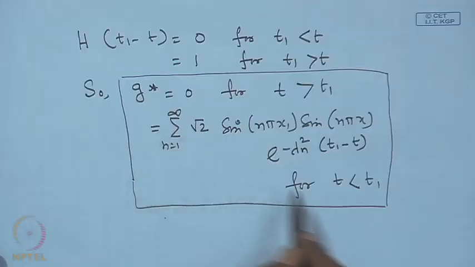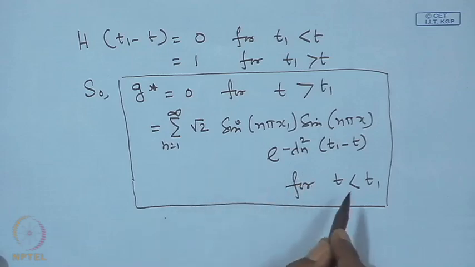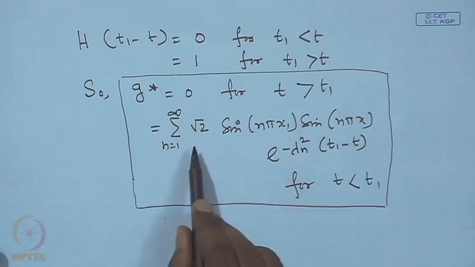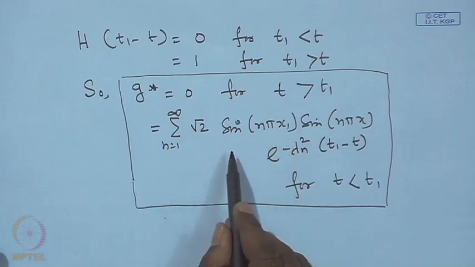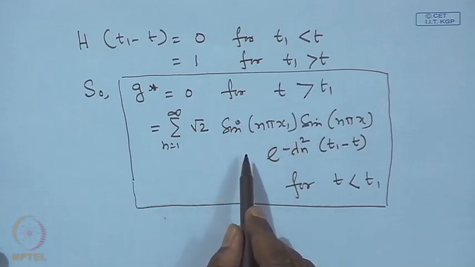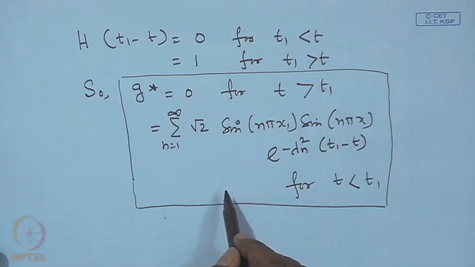Then by utilizing the property g is equal to g star, we changed the subscripts of the variables x and t and ultimately got an expression of g star. For t greater than t1, g star is equal to 0, and for t less than t1, g star is not equal to 0, and that will be given by this expression: root 2 sin n pi x1 sin n pi x e to the power minus lambda n square (t1 minus t).